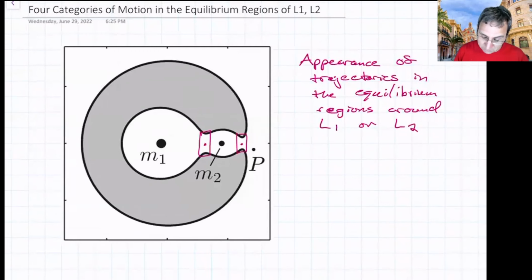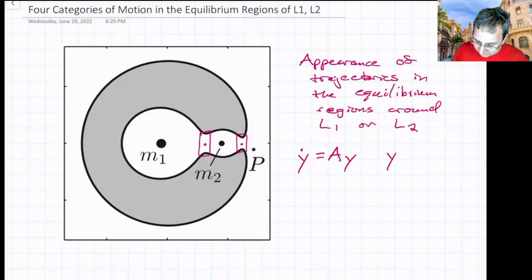If you remember from last time, we said that once you translate the system so that the equilibrium point is your origin, then the linearized dynamics look like this linear time independent system.